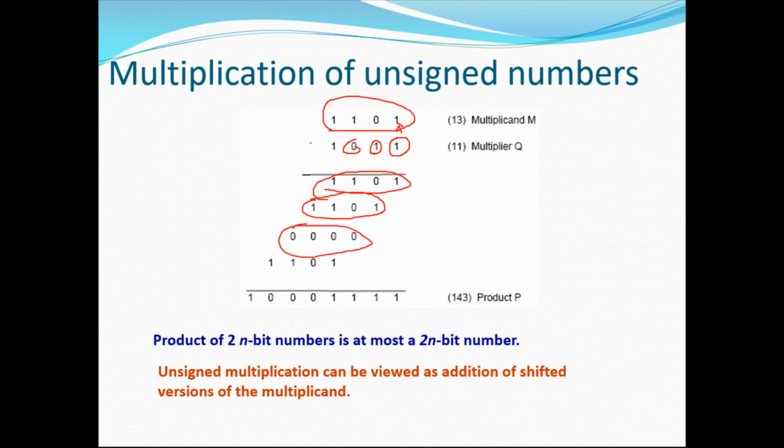Again it is 1, so it is 1101, the multiplicand. This is the multiplicand and this is the multiplier. We refer to the multiplicand as M and the multiplier as Q. Wherever M comes, it represents the multiplicand, and wherever Q comes, it represents the multiplier.